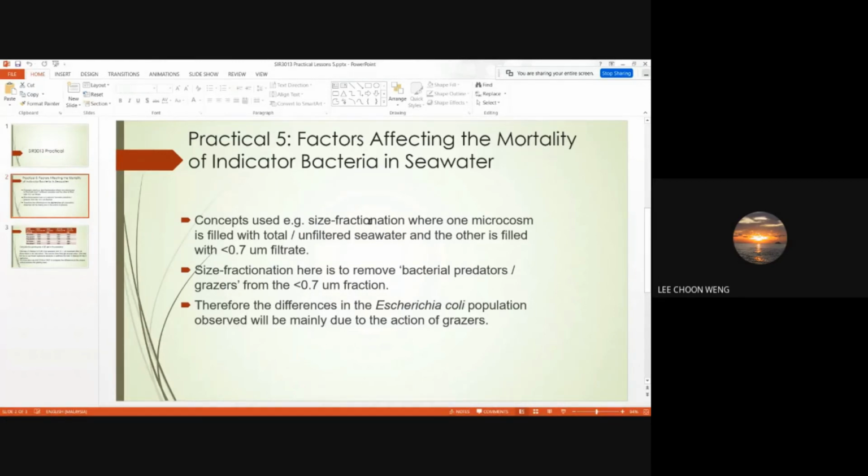So a common question is, what about viruses? You know there is viral lysis. Okay, so why will viral lysis affect this kind of a setup? Will viral lysis affect this setup?